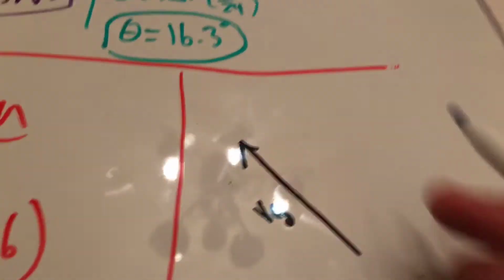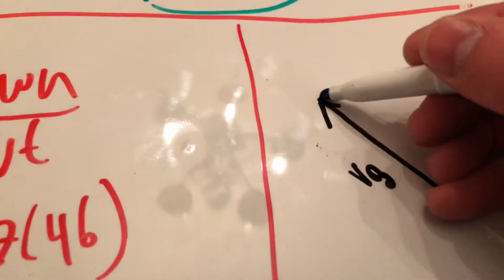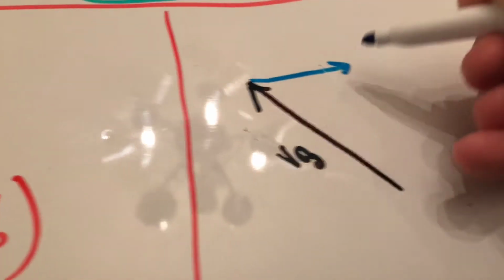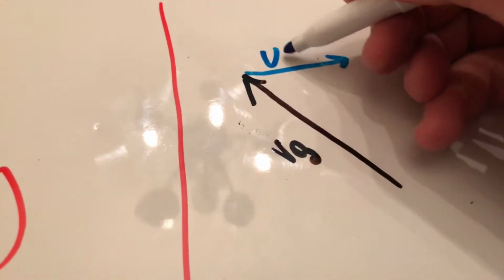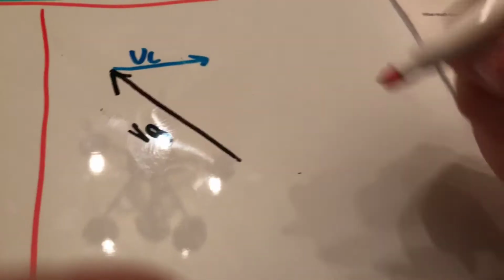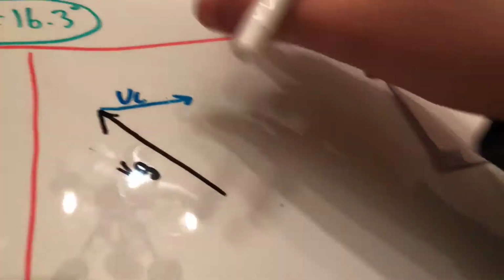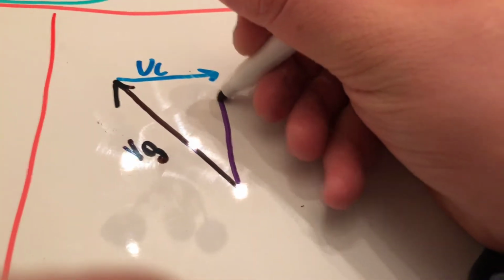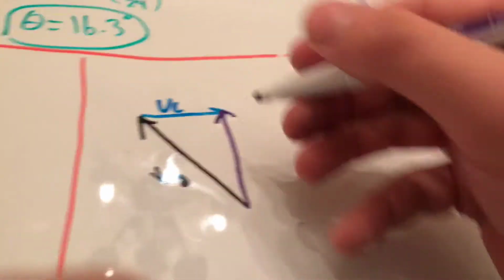Now, instead of it being straight across, it is up and to the left, against the current. VC is the current, and VR is the actual path the boat will take, which is what we want, straight across.